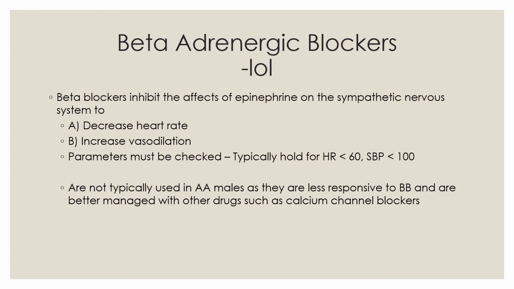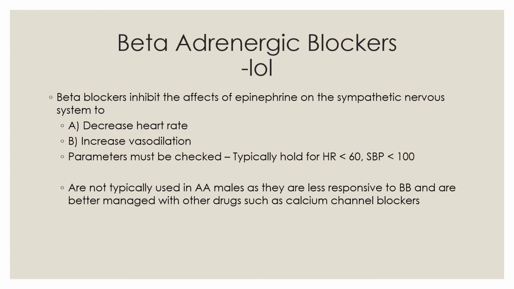So they block the sympathetic nervous system, which controls your heart rate and your blood pressure. So by blocking stimulation of the sympathetic nervous system, we can turn the heart rate down and we can turn the blood pressure down.